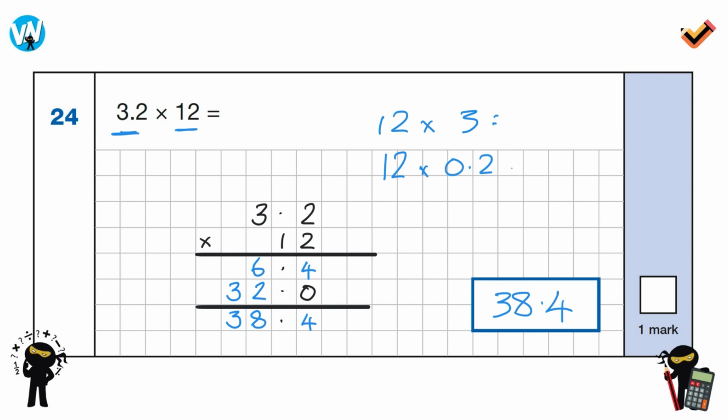So again, 12 times 3 is 36. 12 times 0.2 is going to be 2.4. And we can sort of help ourselves get to there, if you're not sure on those, is to think, well, I know 12 times 2 is 24, so 12 times 0.2 must be 2.4 because it's 10 times smaller. Then you could add those two together, and that would give you the same answer.